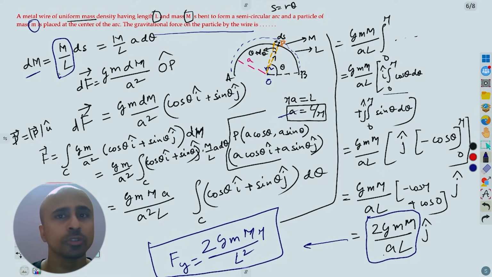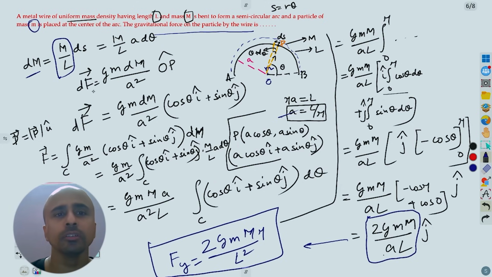If the mass density is not uniform, then you cannot write this as M by L. Basically M by L is the density, okay? So the mass of this ds segment is M by L ds. And what is our ds? I will come to that later. So this is our dm, the mass of that small segment ds.